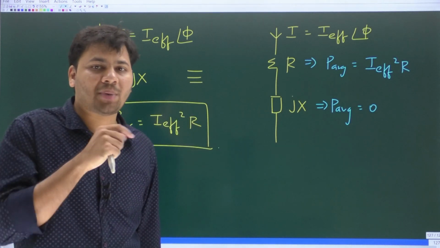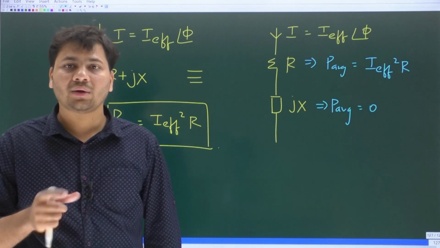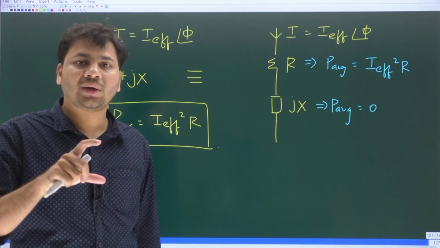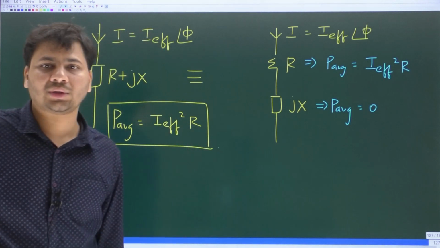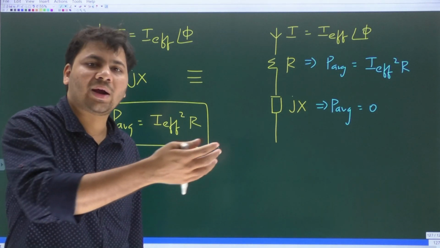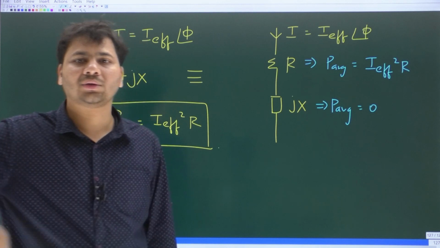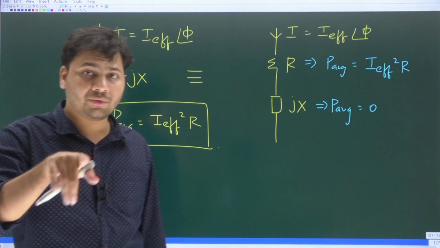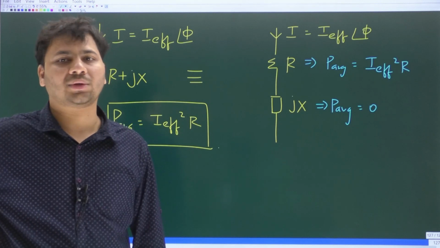And for the other part of the cycle, the same reactive element will deliver power. In that case, energy will be transferred from the reactive element back to the source. So the reactive element will draw energy from the source and give that same energy back to the source. Whereas the resistive part of the impedance will always draw energy from the source.